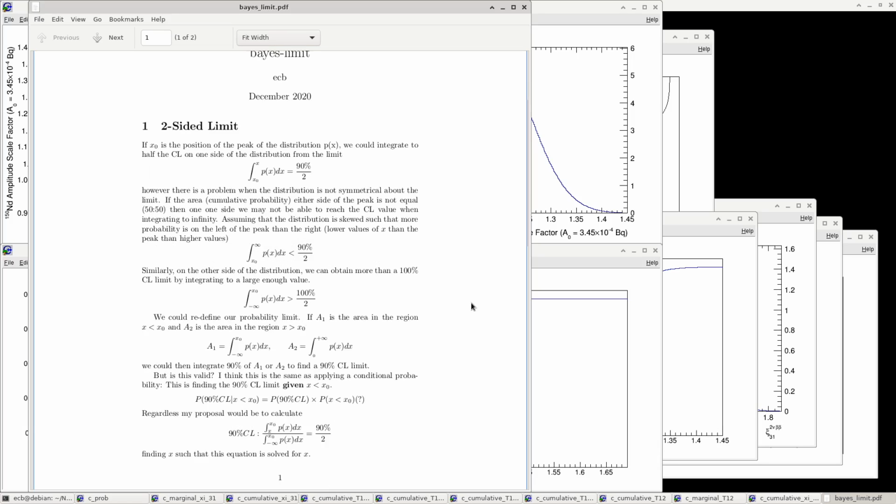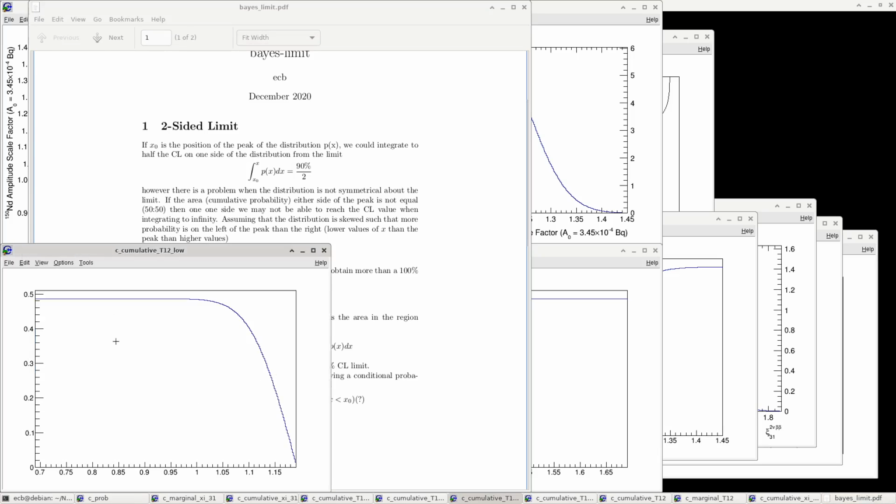As I just described, on one side, if we do an integral like this where x0 is the peak, we can't obtain the confidence level limit we're looking for. Here I've used 90% as an example. We can actually obtain 90% on these figures because half of 90% is 45, and that would be about there.